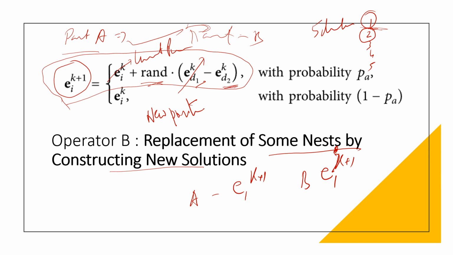The second value is deducted from the first value and multiplied with the random number, and then this entire expression is added to the table of PC. So this is the hierarchy you have to follow.